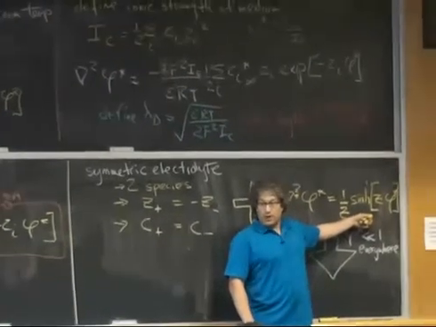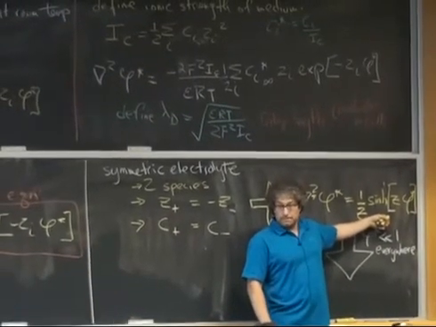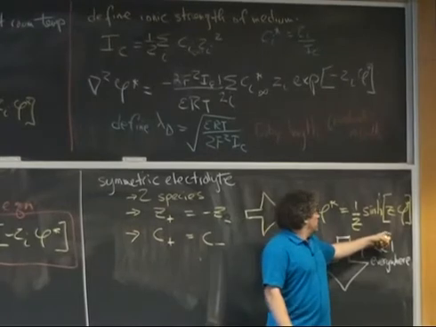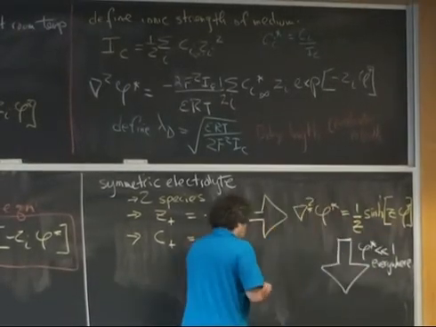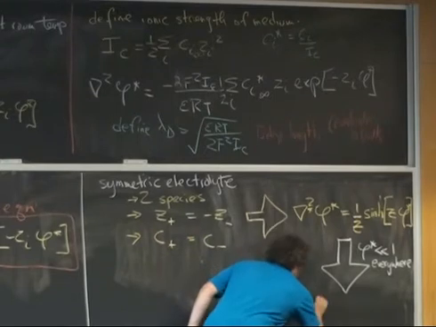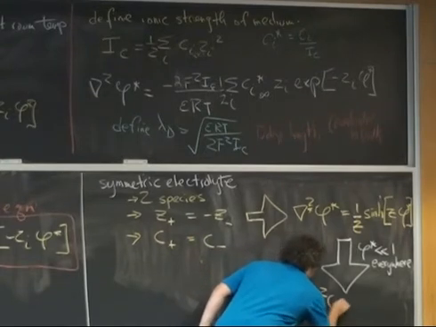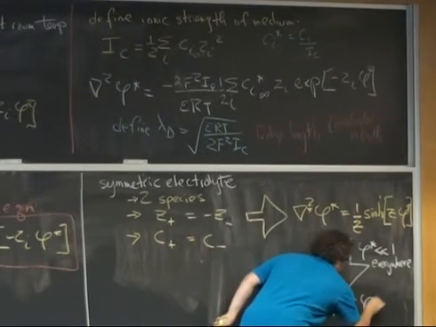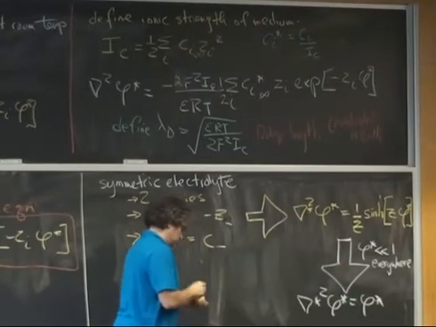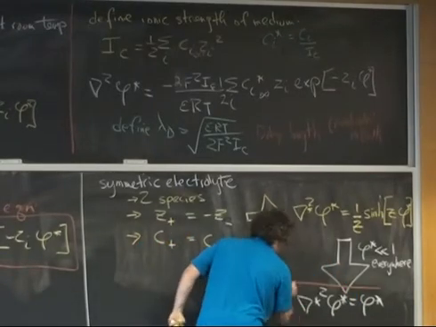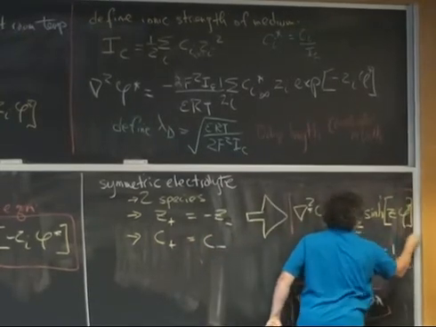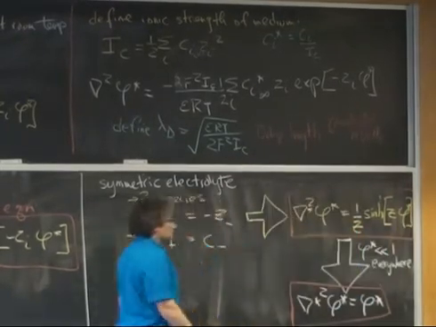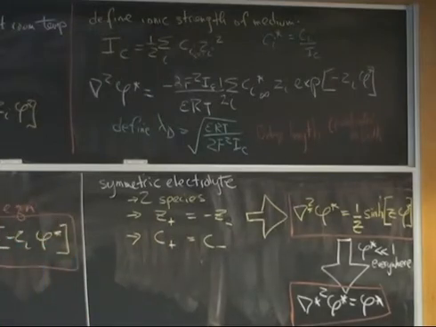Like if x is really small, how can I approximate sinh x? It's just the argument, right? So in that case, now I have 1 over z times phi star. And now I get a very simple expression.